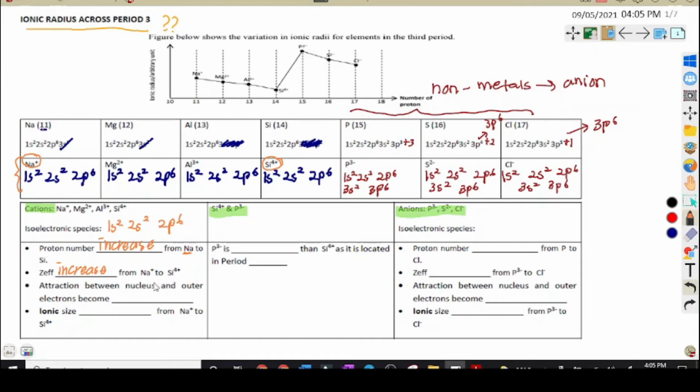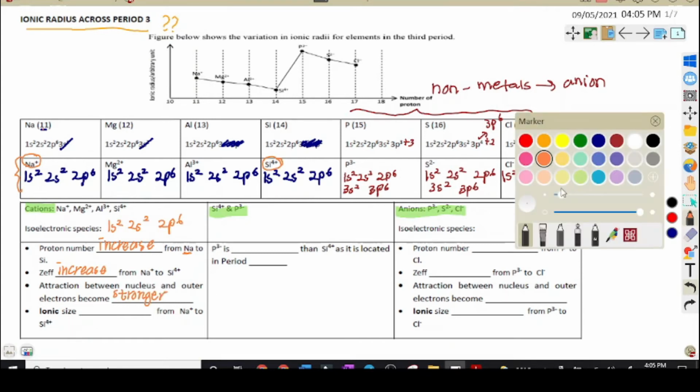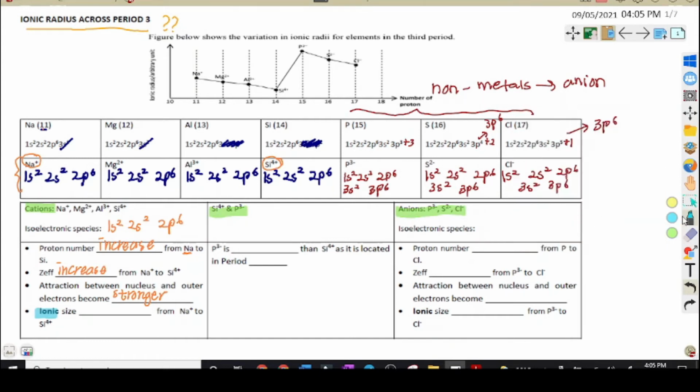So we're going to start talking about the changes that happen when an ion is formed. Hence, the attraction between the nucleus and the outer electrons becomes stronger. So the ionic size, I'm highlighting the ionic because we are talking about the ion, right? Na+ to Si4+.